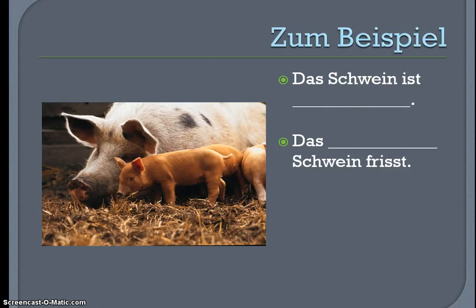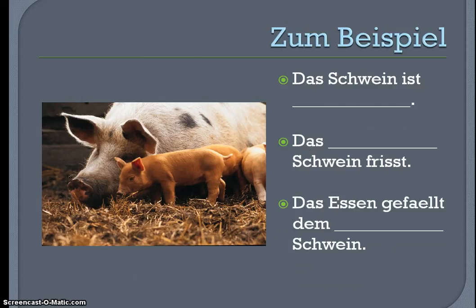So I need to put an ending on the adjective that comes in front of Schwein. I have a nominative word, the subject of the sentence. It's neuter, and I know that because it says das right there. That's a big hint. So I have nominative neuter, and my ending will be E. So it'll be das fette Schwein frisst.